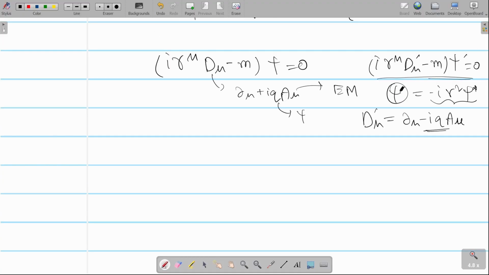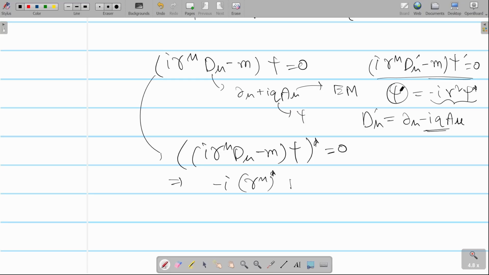So we'll start with the original equation, the spinor psi coupled with the electromagnetic field, and you have to take the complex conjugate of this equation. i gamma mu D mu minus m acting on psi is 0, and you take the complex conjugation of this, and we have minus i gamma mu star D mu star minus m acting on psi star is 0.